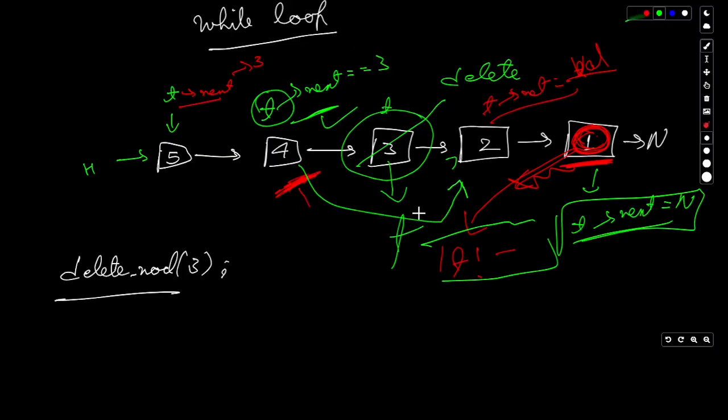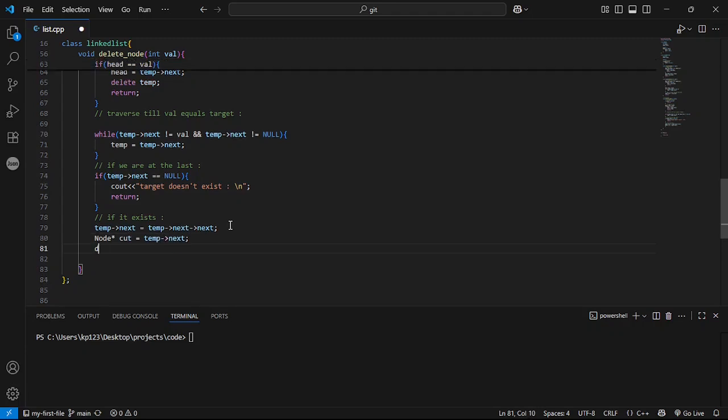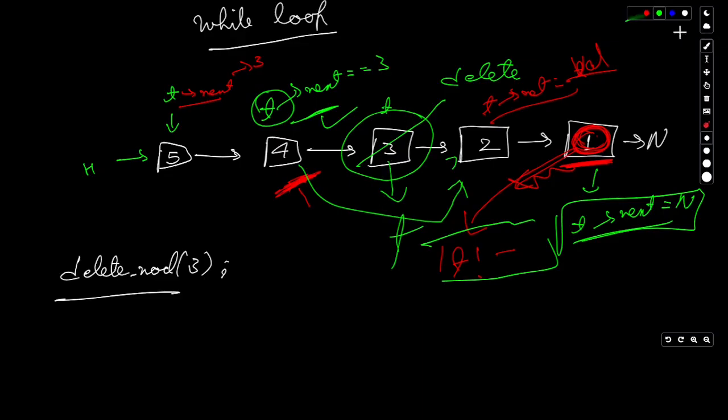What else we need to do is maybe I can have another node, which is cut node, which will delete the value. It will be temp's next. What I'm trying to do is I want this particular target to be CUT.